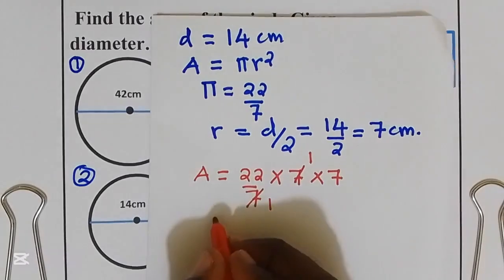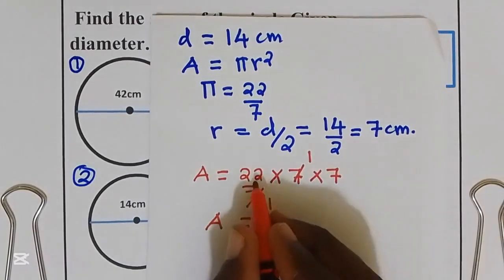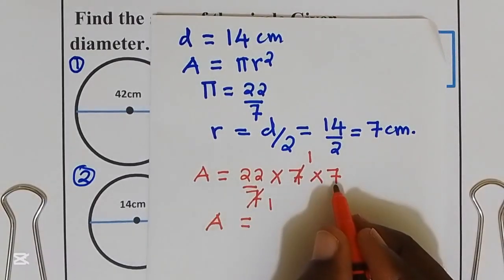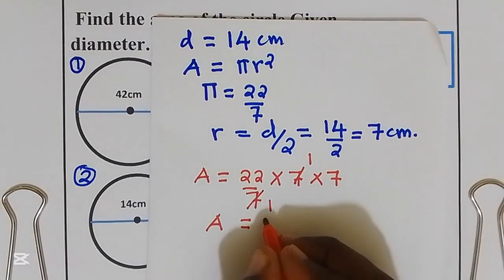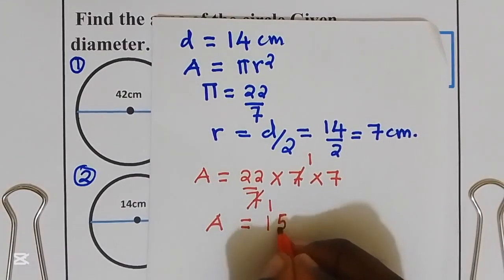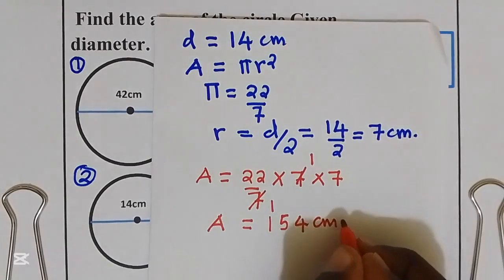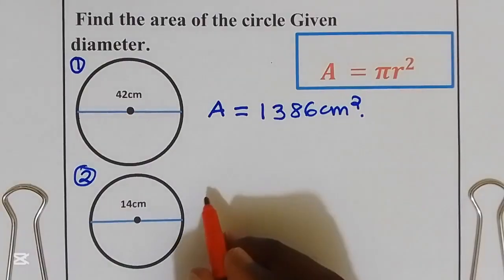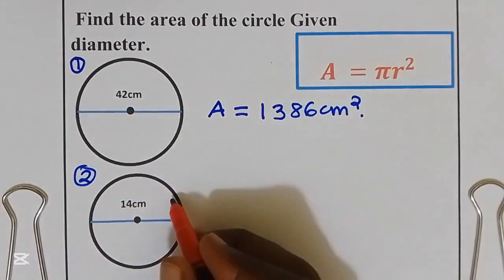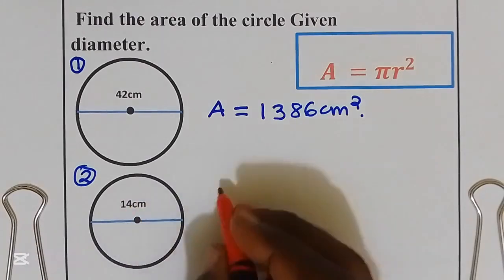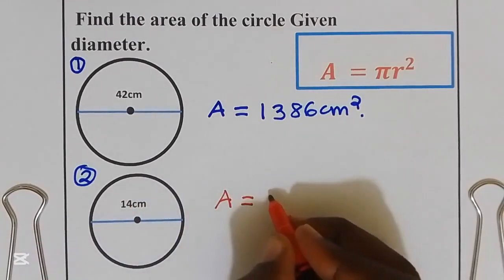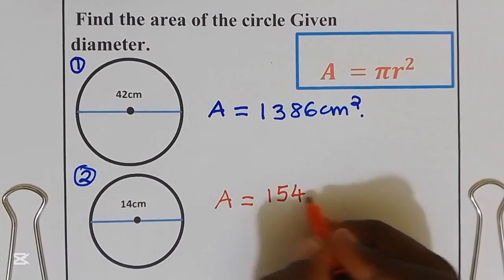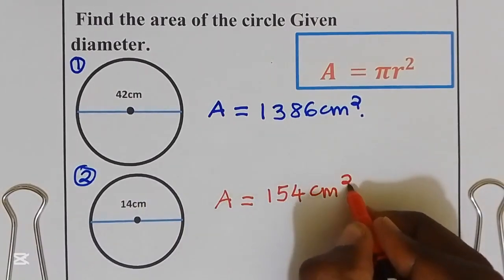Area is equal to 22 multiplied by 7, we get 154 centimeter square. So the area of a circle with a diameter of 14 is equal to 154 centimeter square.